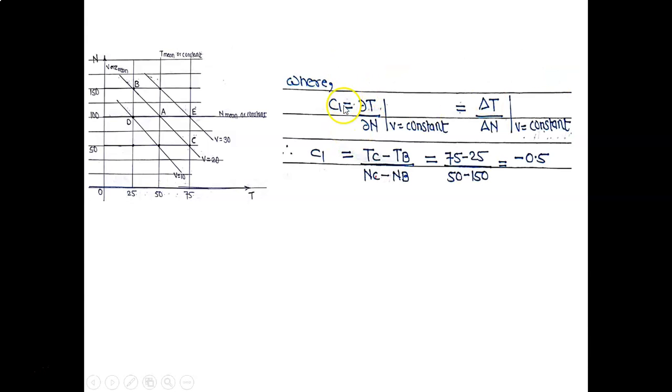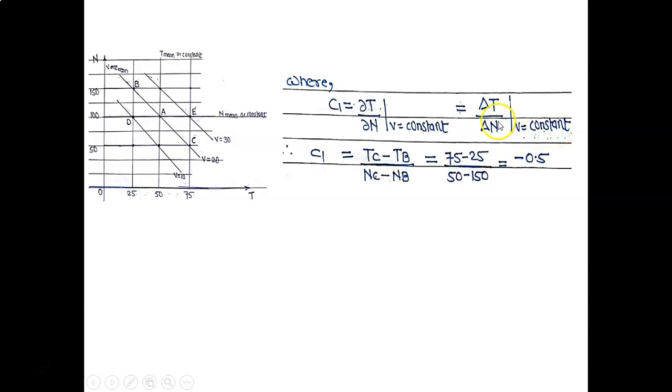Now again we have to draw the graph because we have to find out the values. How to find out C1? C1 is equal to dou t divided by dou n when V is equal to constant, which is delta t upon delta n when V is equal to constant.